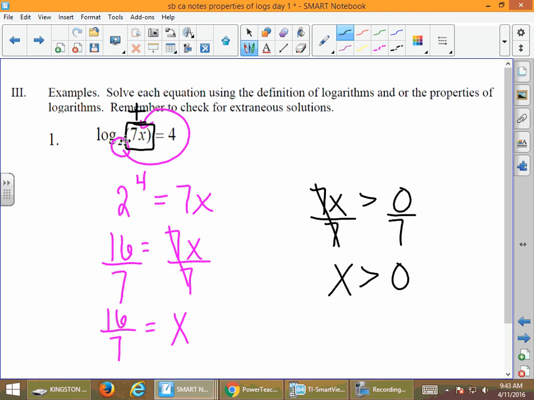So in that case, does log base 2 of 16 equal 4? Yep. And it's true. 2 to the 4th has to equal 16. So 7 times 16 sevenths equals 16. Okay.